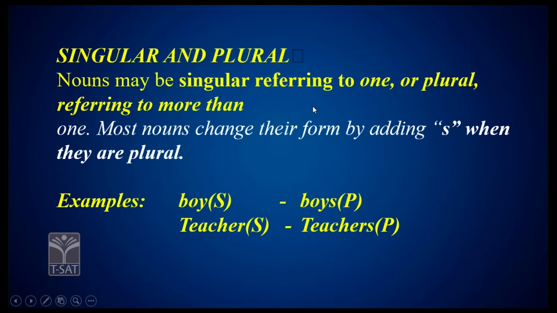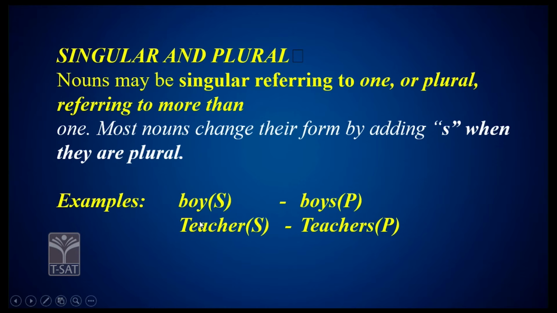Nouns may be singular, referring to one, or plural, referring to more than one. Right? Here we can observe that we can change the form of nouns by adding s at the end, so that they become plural. Most nouns change their form by adding the letter s when they are plural.